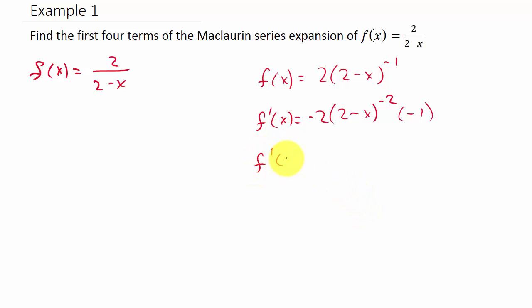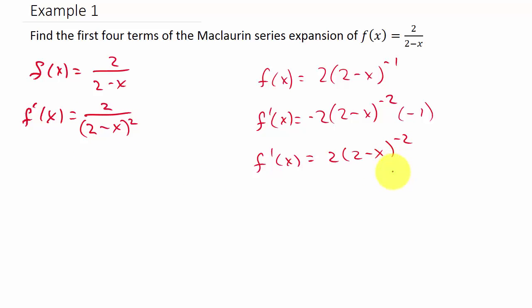So f prime of x would be 2 times 2 minus x to the negative 2. And so the first derivative would be 2 over 2 minus x squared. I'm going to move this back down.